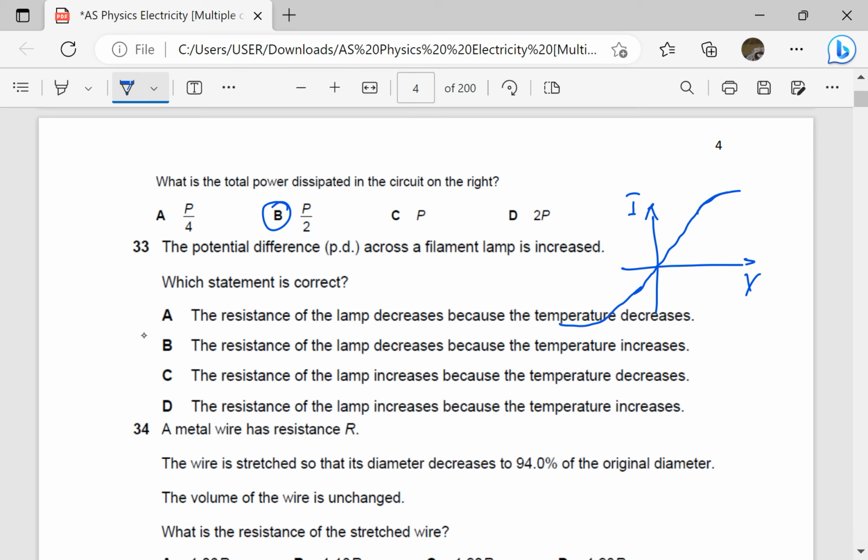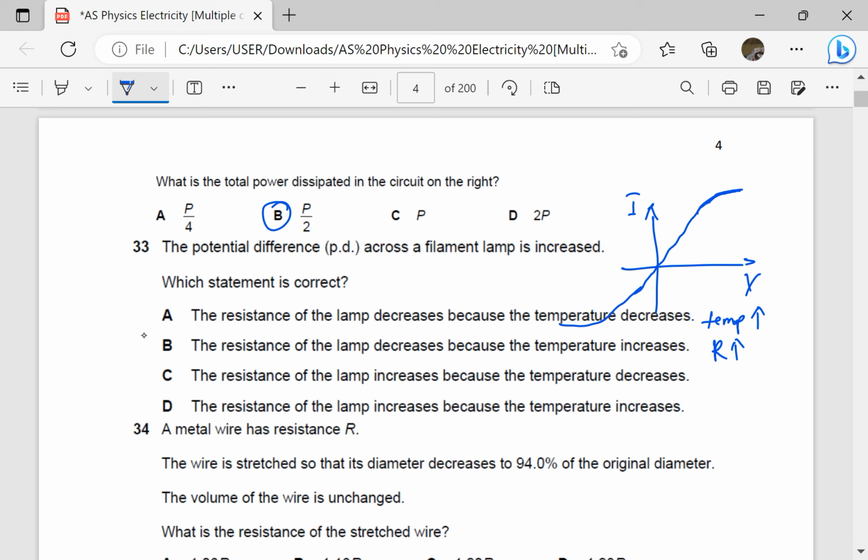But as PD increases, a point is reached where the temperature of the filament increases. And when the temperature of the filament increases, of course, the resistance also increases, because resistance is directly proportional to temperature. That's why we see with time, as the PD increases, the current remains almost constant.